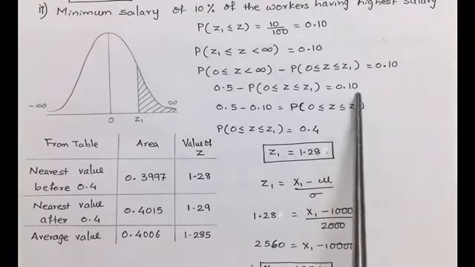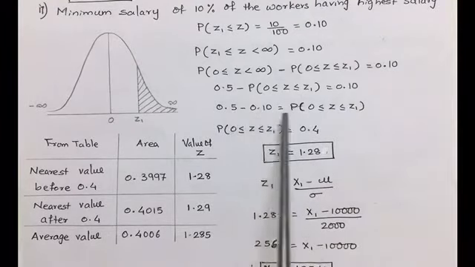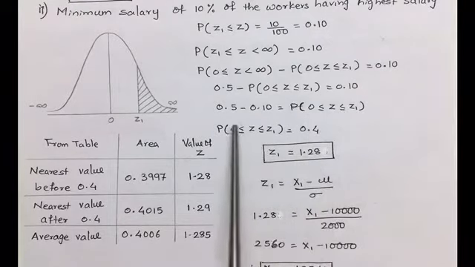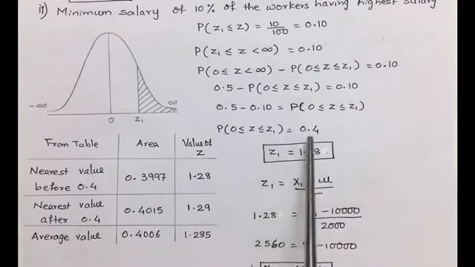Now shifting 0.10 to the other side and 0 to Z1 to the other side, we get the probability of 0 to Z1 as 0.4.